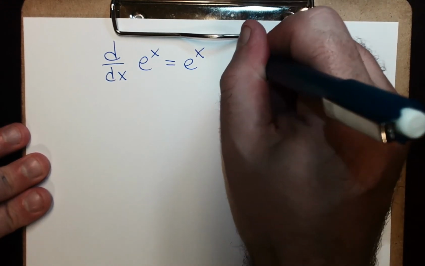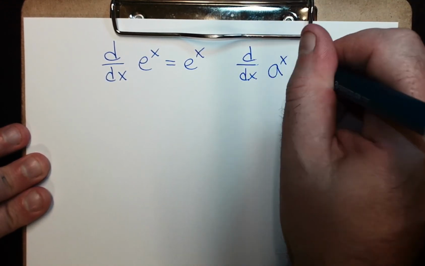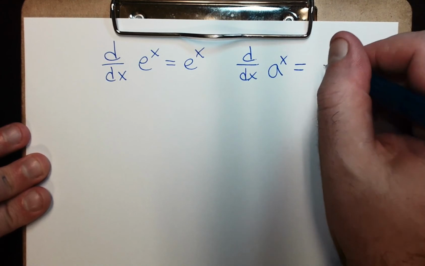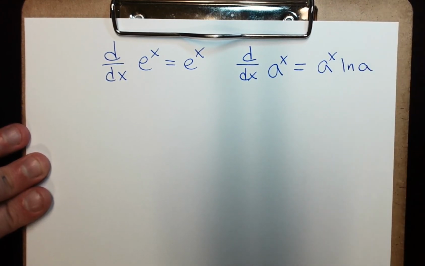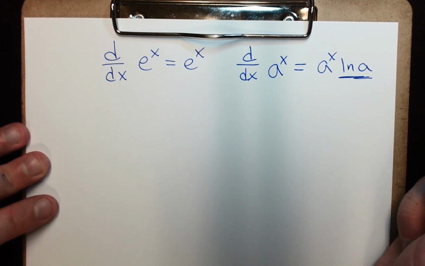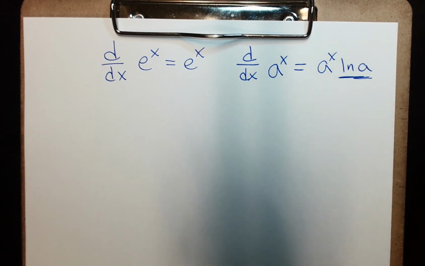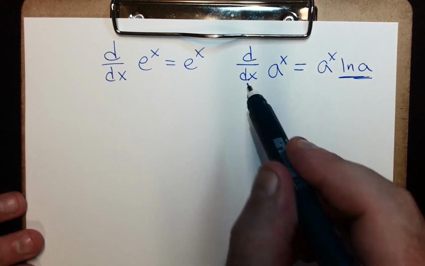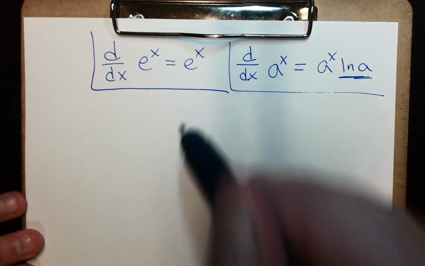So the derivative of e to the x is e to the x. But the derivative of a to the x is a to the x ln a. So this is what happens to that limit.